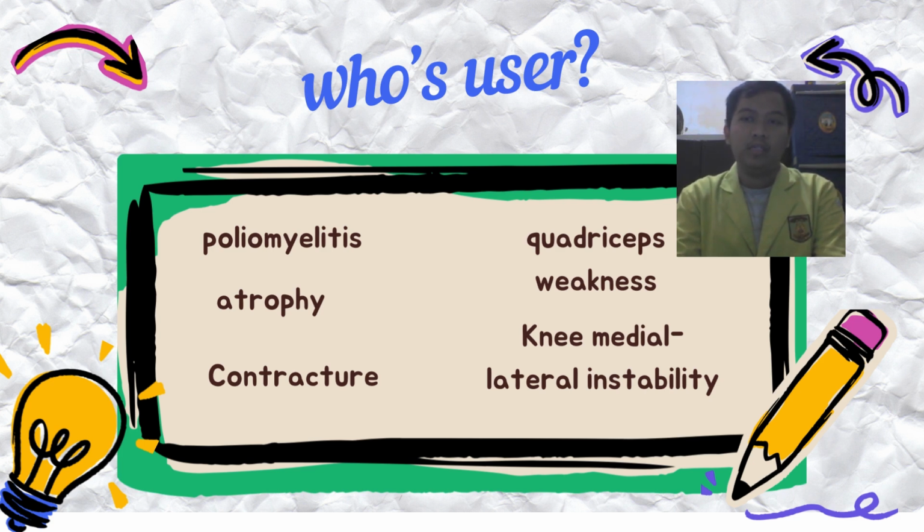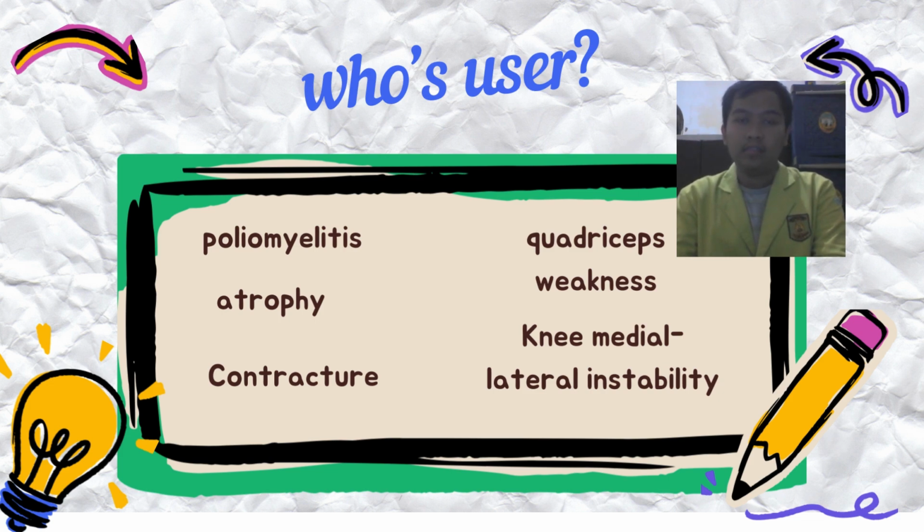So I will divide it into more types. The second one is atrophy, where the patient cannot use the muscle, and the inactivity causes deficiency of the muscle. The muscle is smaller than normal.